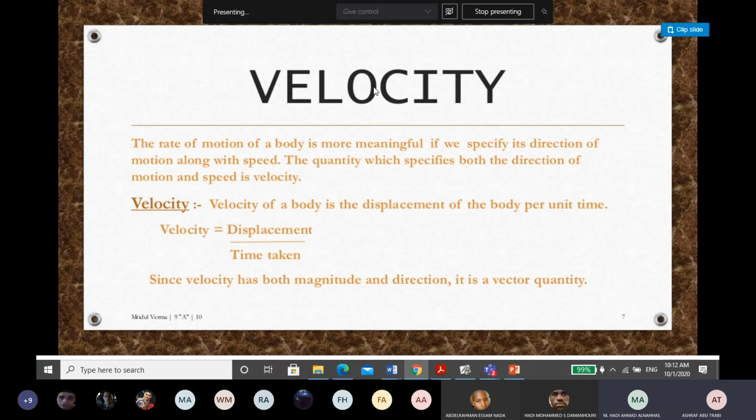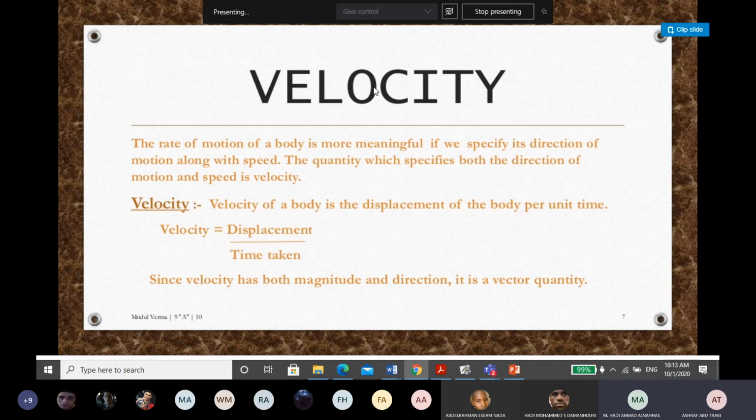Okay? Until now, the difference. You didn't understand the difference between scalar and vector? Do you understand the difference between speed and velocity? I think so. Speed is without direction, and velocity is with direction.